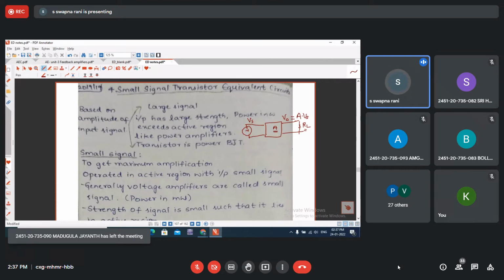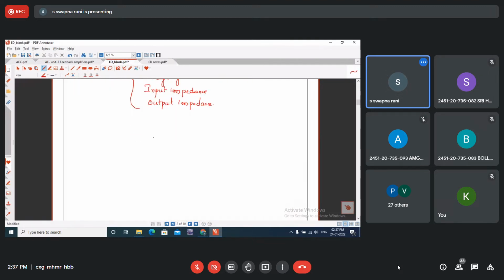Depending upon the strength of the input signal given to the amplifier, amplifiers are basically classified into large signal amplifiers and small signal amplifiers.